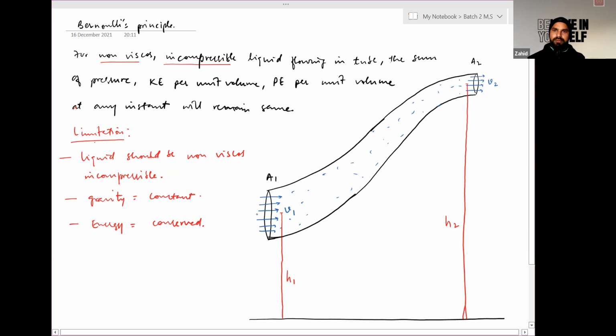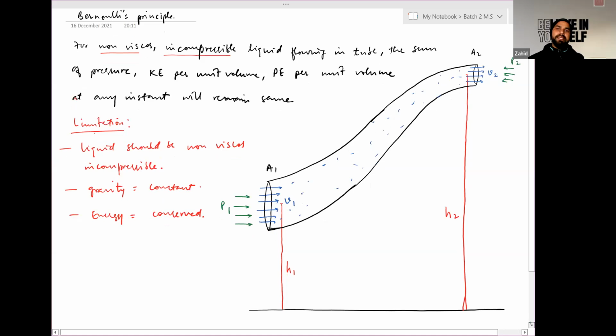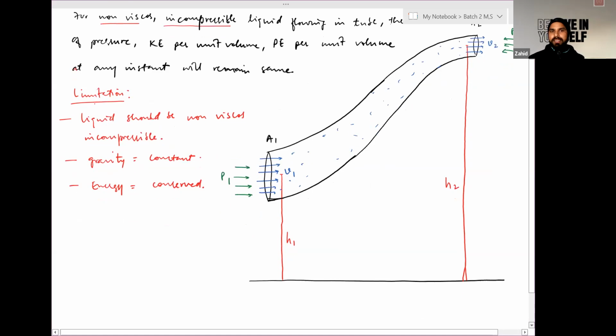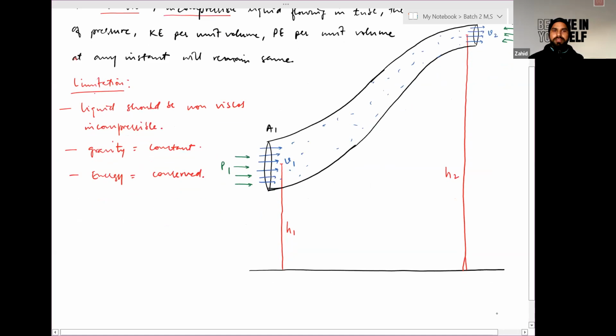So let's say an external pressure is applied at this point P1 and at this point P2. This pressure difference will do some work on this entire system, which results in change in kinetic energy and potential energy according to the work energy theorem.